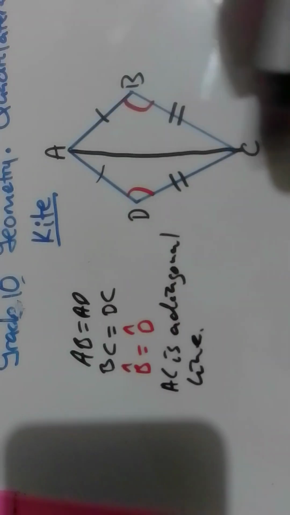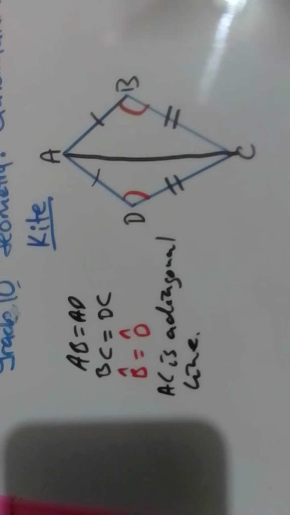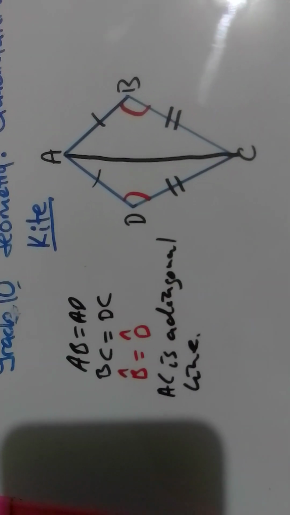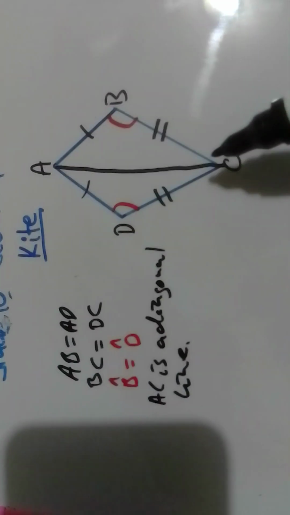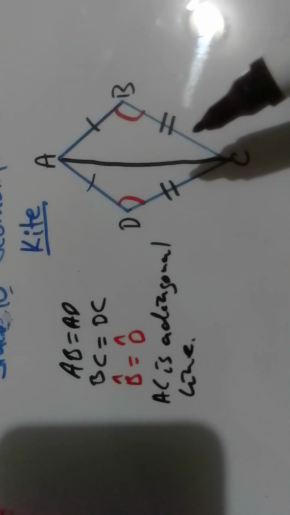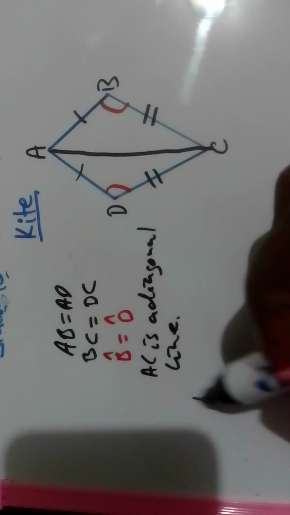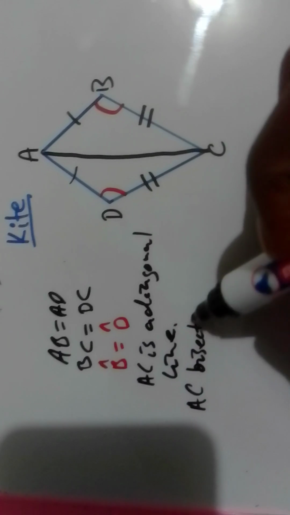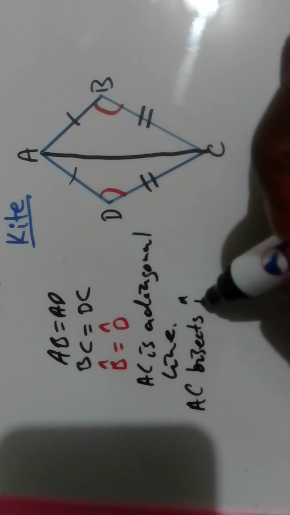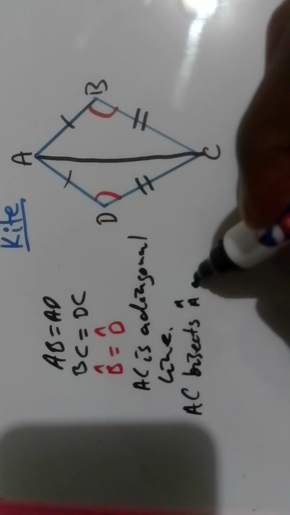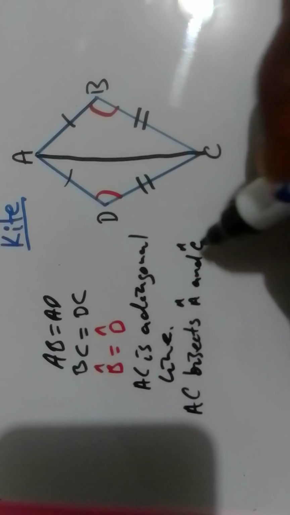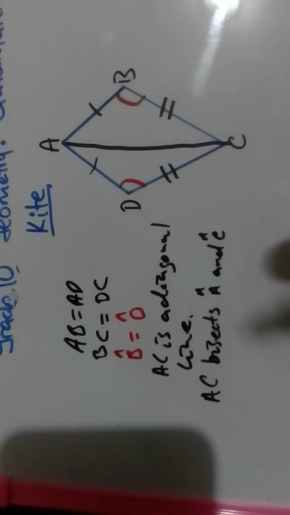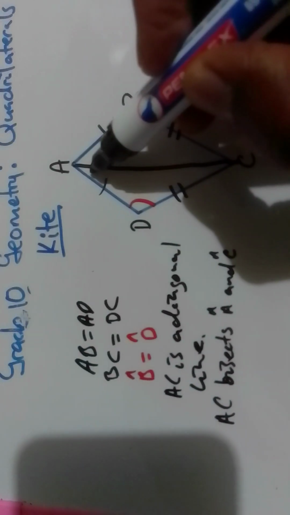Now, through this whole process of it being a diagonal line, what did it do? It bisected angle A, and it also bisected angle C. So we say AC bisects angle A and angle C.